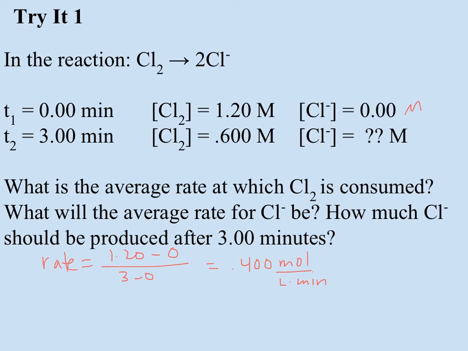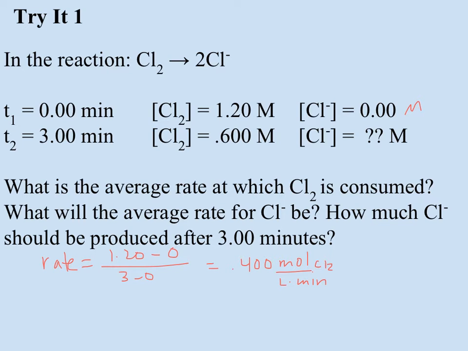And then my second question says, what will the average rate for Cl minus be? Well, it appears like we can't do this because we're missing our second concentration for Cl minus. But actually we can do this because this is moles of Cl2 consumed per liter per minute.